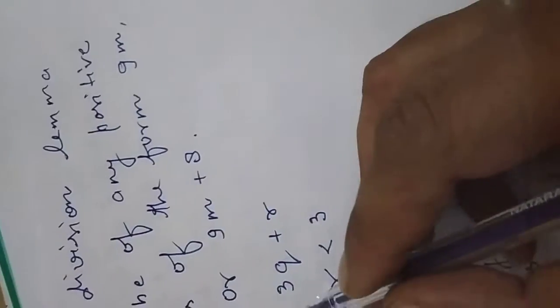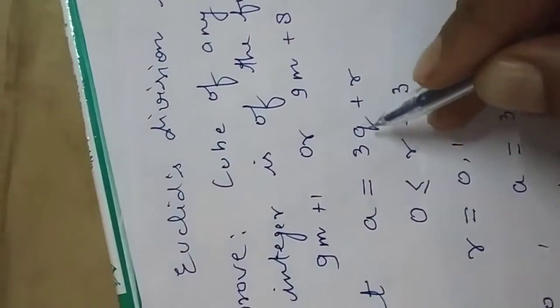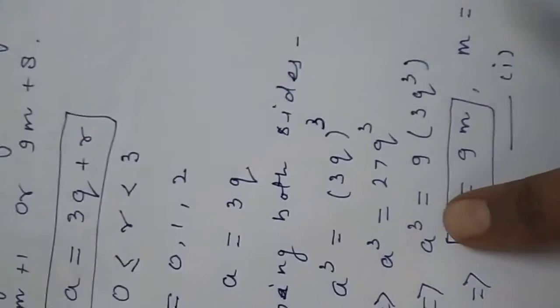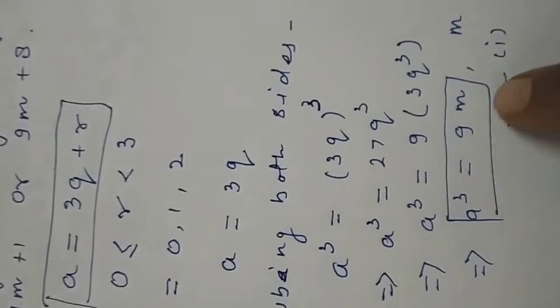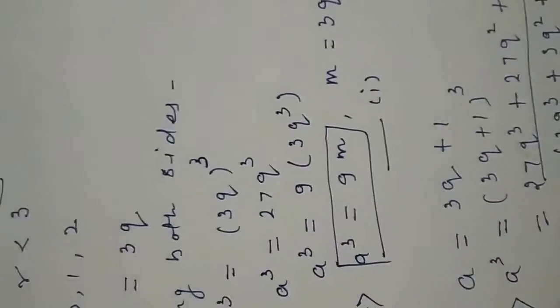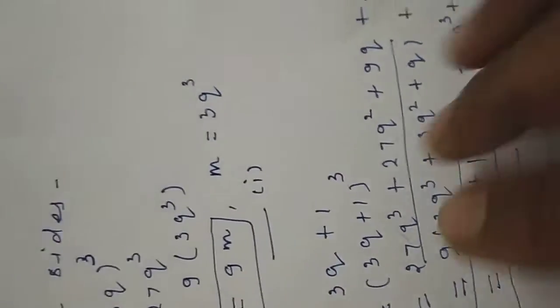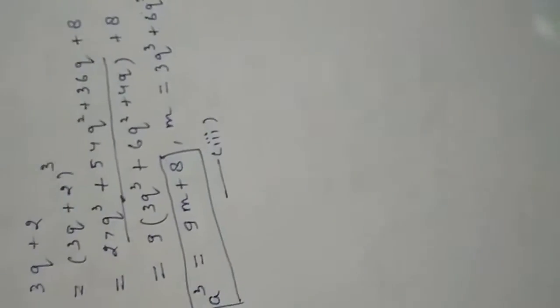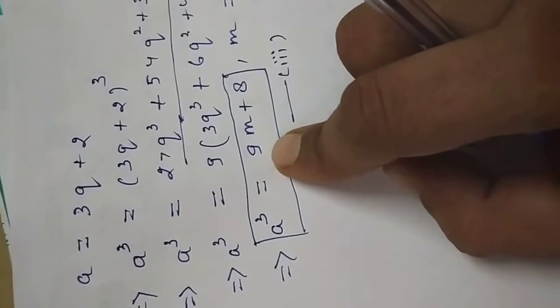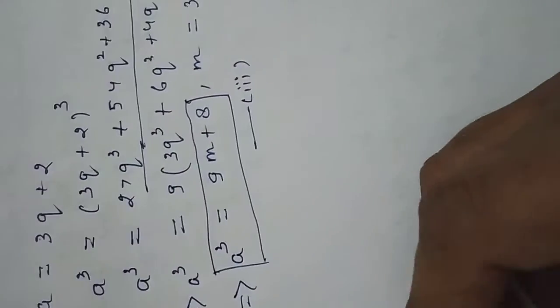Now we have supposed a is some integer which is in the form of 3q plus r, and when r was 0, the first equation was in the form 9m. When r was 1, it was in the form 9m plus 1, and when r was 2, it is in the form of 9m plus 8. So here you can write the conclusion.